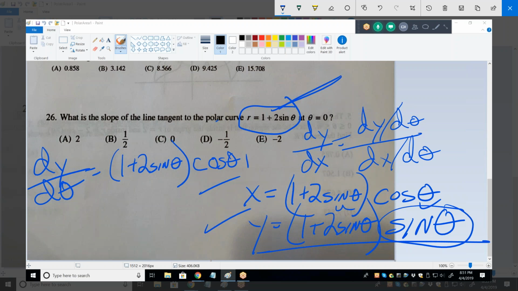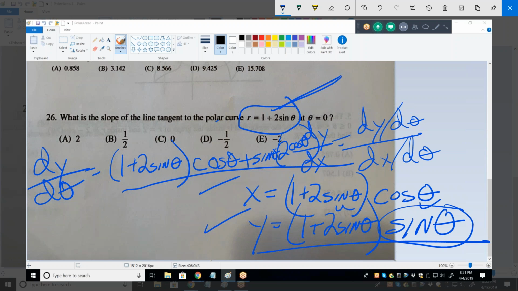And then we've got the rest of the product rule. What's the other end of it? Then plus sine of theta times 2 cosine theta. So that's dy/d theta, all of that.